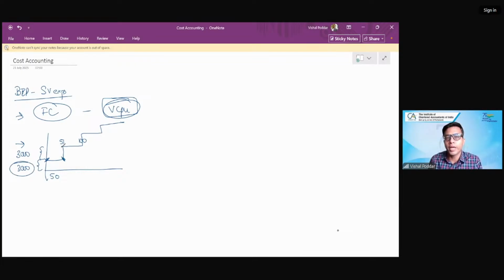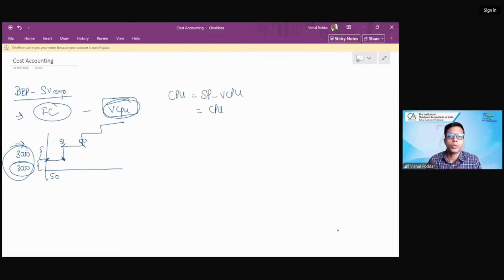If you are manufacturing anything between 51 to 100, it will be 6,000. It will not vary with each unit, it will vary with the range. So, sir, from 1 to 50 we incur 3,000, but even if we produce one additional unit, 3,000 more will be incurred.